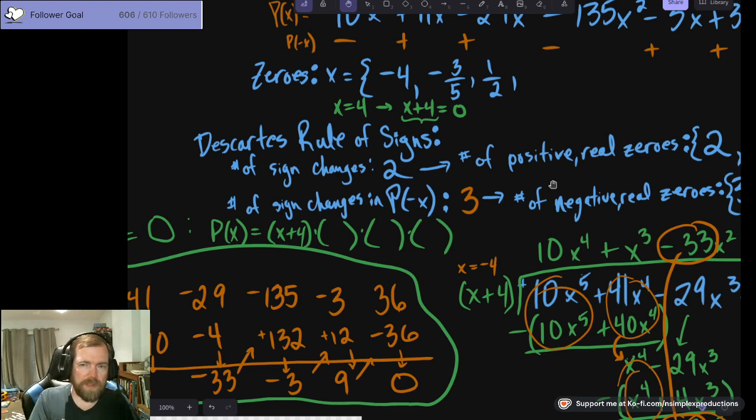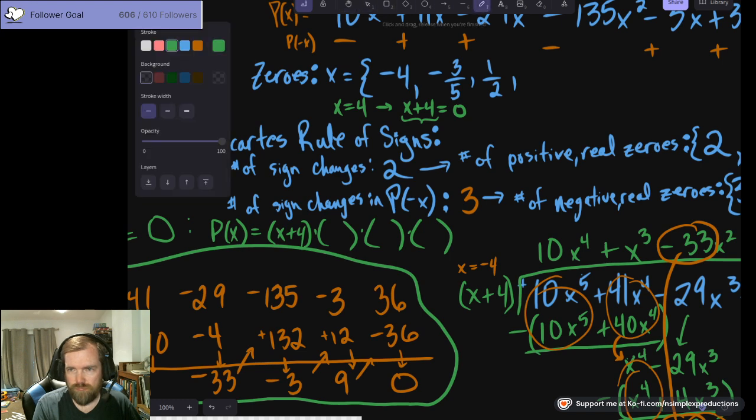And in order to prove it, what we know is that anytime there's a 0, we're going to end up with a 0 for the remainder out here. Right? 0 remainder means that this is a factor and that this is a 0 of the function.